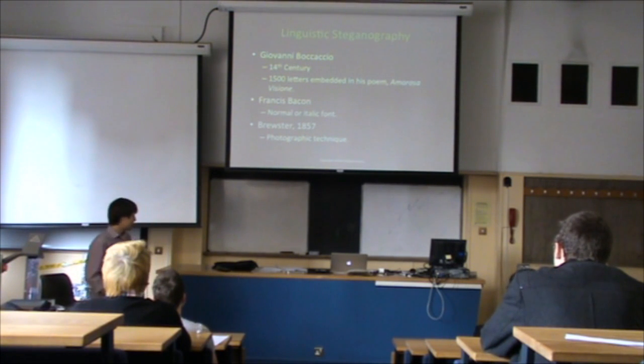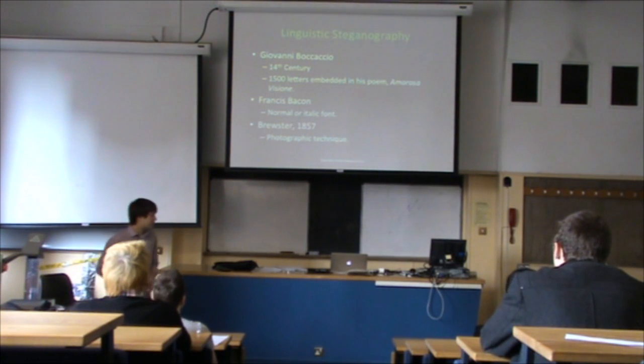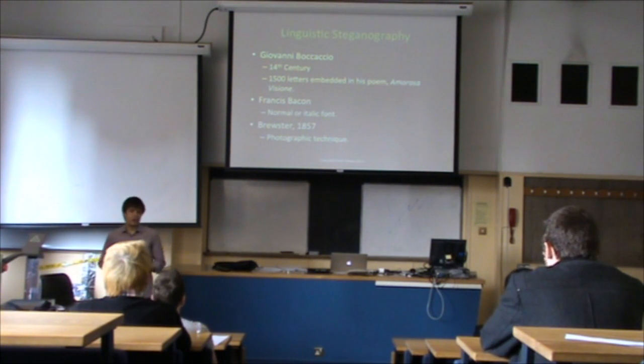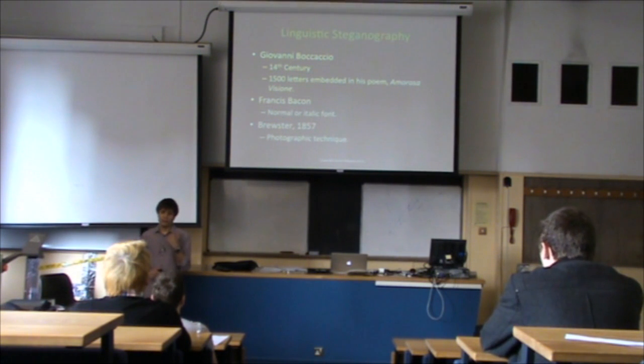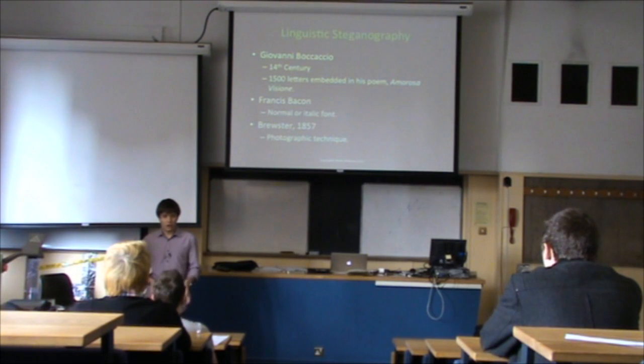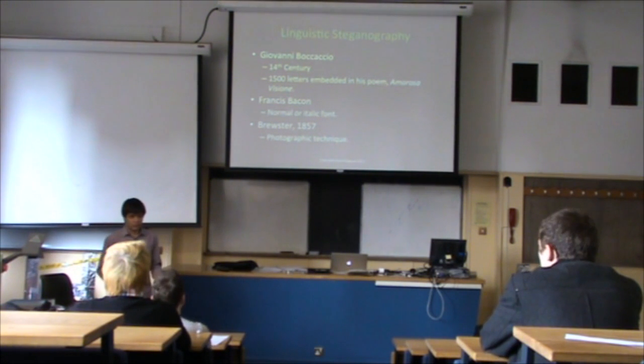Now, this photographic technique by Brewster, you probably have heard of it, but you haven't heard of it in relation to him. What he proposed is almost like a macro photography approach, where you could take a picture of a page or some text or an image, and you could shrink it down really, really small.